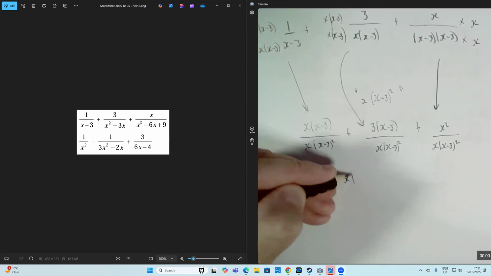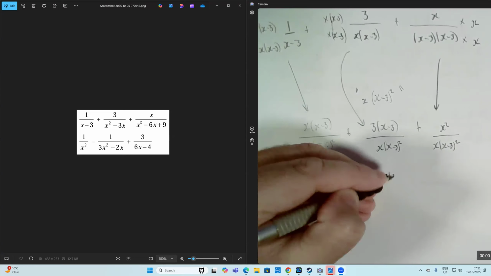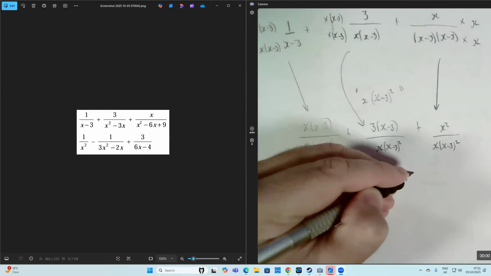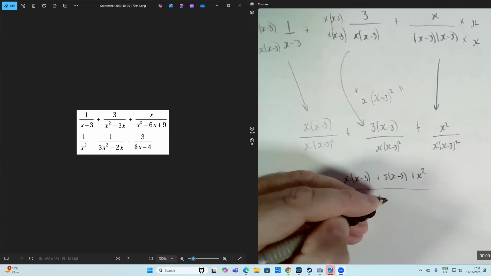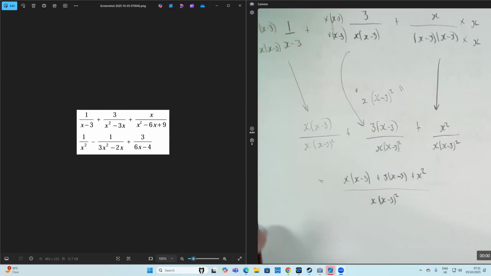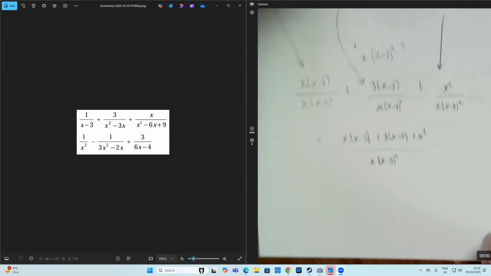So this is x times x minus 3 plus 3 times x minus 3 plus x squared all over x times x minus 3 all squared. Then we just expand the brackets and simplify, collecting like terms.